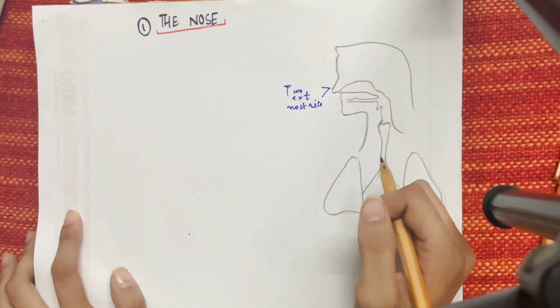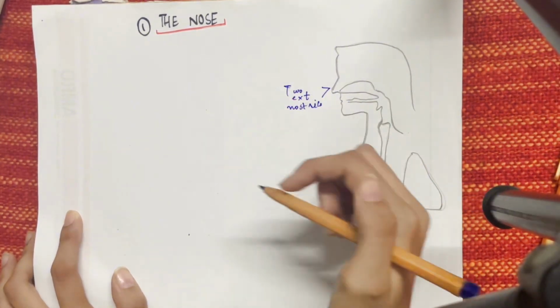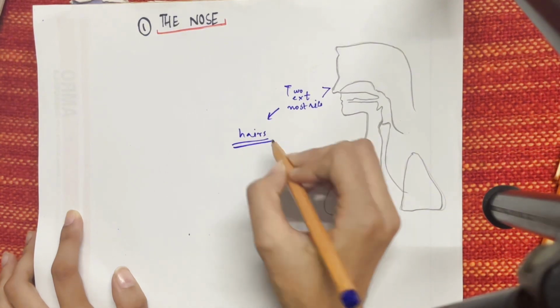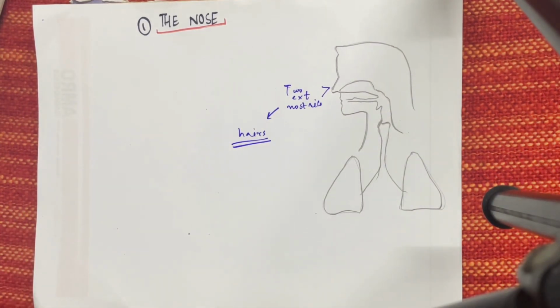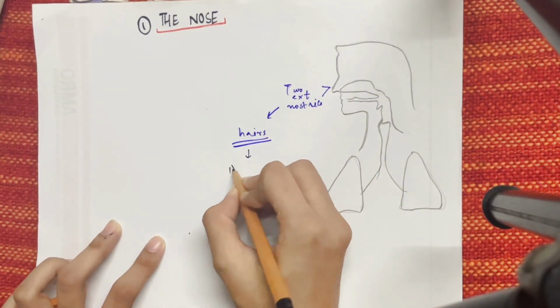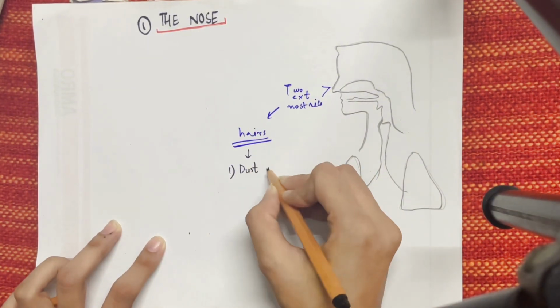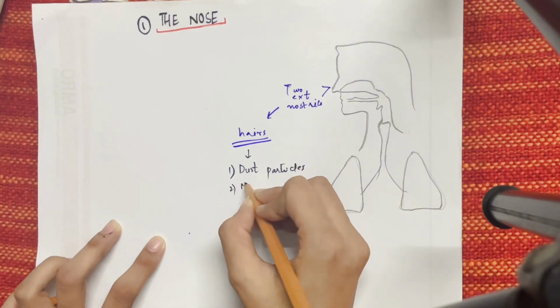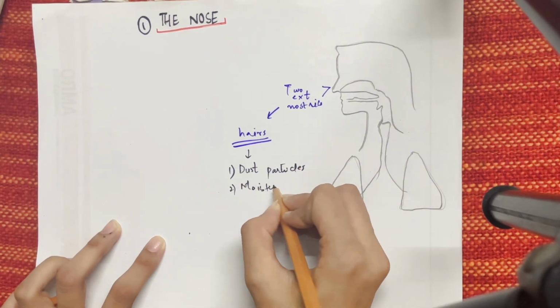Inside the nostrils, the walls bear a fringe of hairs. What are those hairs responsible for? Number one, to capture dust and foreign particles. Number two, to moisten the air and make it a bit warmer.